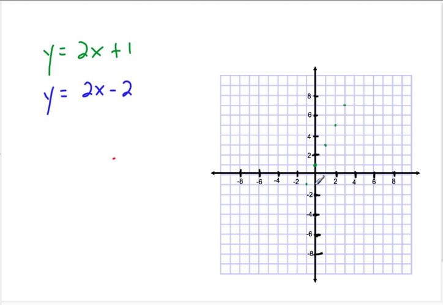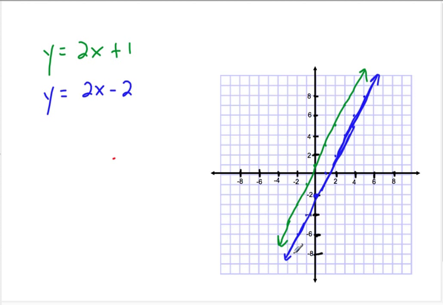Now I connect these, put a little arrow showing they go on forever and ever, and the blue one, starting at negative 2 as an intercept, going up 2 over 1, up 2 over 1, and then down to the left 1, and so on. So, as I'm graphing this, you can see that these lines never touch.